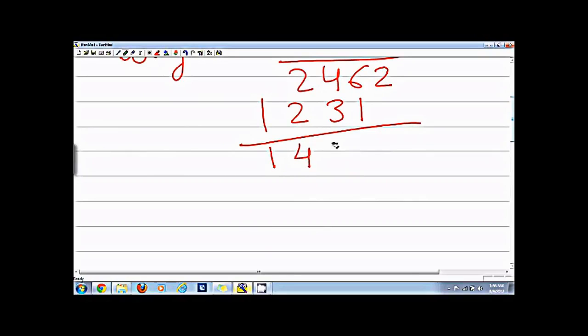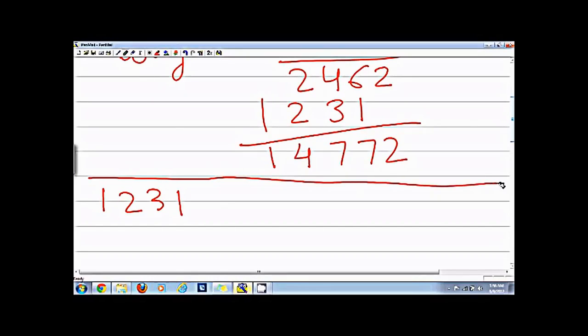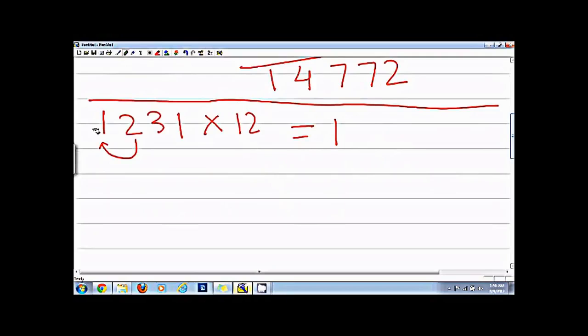And then I will say 1, 4, 7, 7, 2. Now if I look at the problem again, 1, 2, 3, 1, I will use my own way, so I will multiply it by 12. In this case I'll first write 1 and then add 2 into 1, but instead of adding it one time, I will add it 2 times.